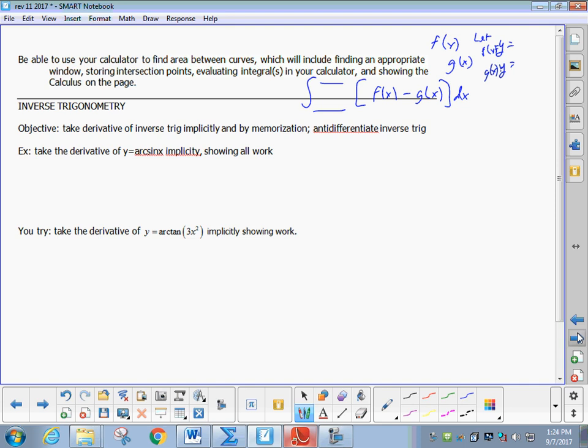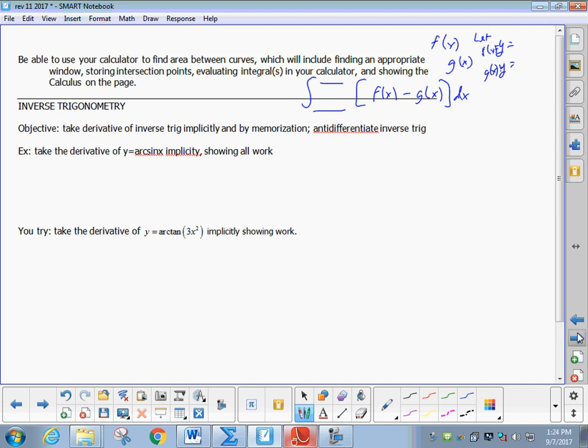Well, one workaround is that I do know how to take sine. Okay, well, how do I use that? This isn't sine. How do I make it sine? Inverse, okay.